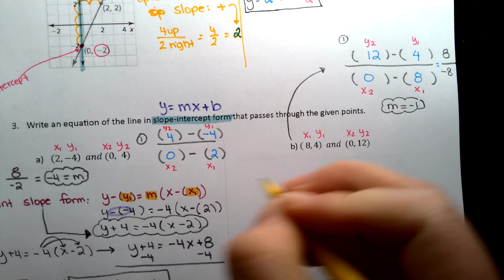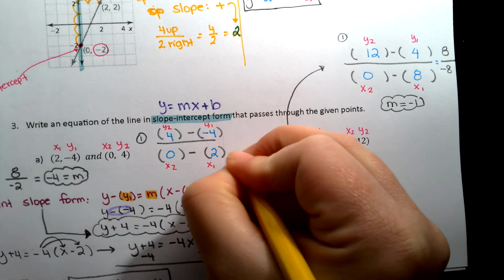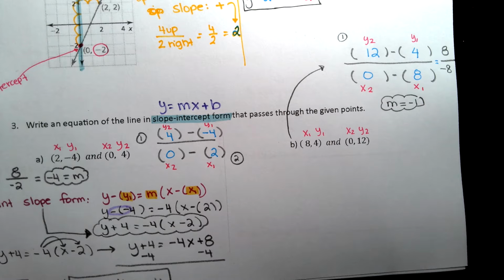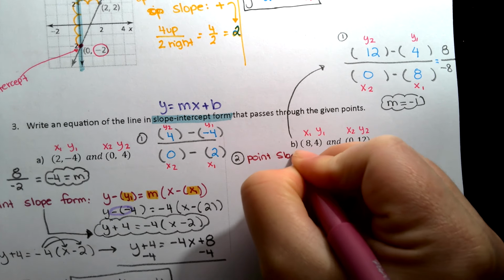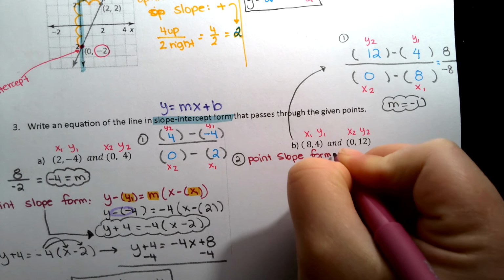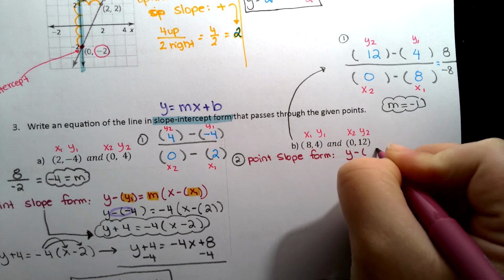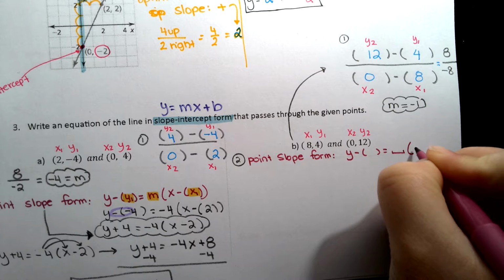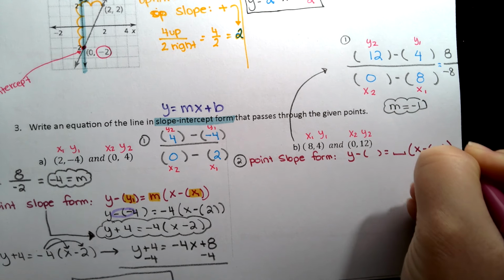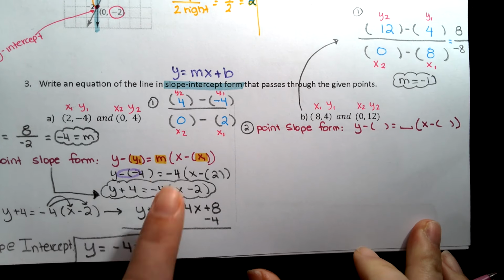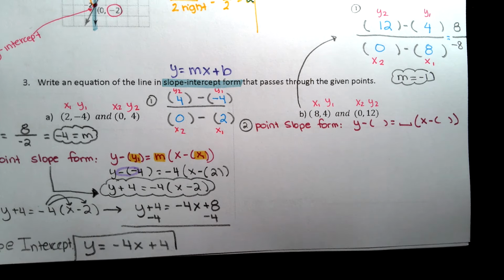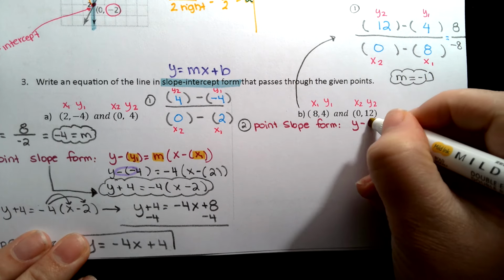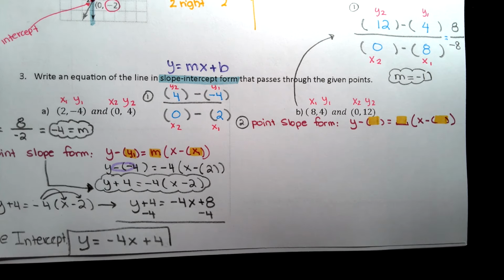Step number 2, you're going to write this out in point slope form. Y minus y1 equals m times x minus x1. And I'm going to go ahead and do our opens. Here's the formula in 3a. We're going to change out the y1, the m, and the x1. So I already pre-opened my y1, my m and my x1.